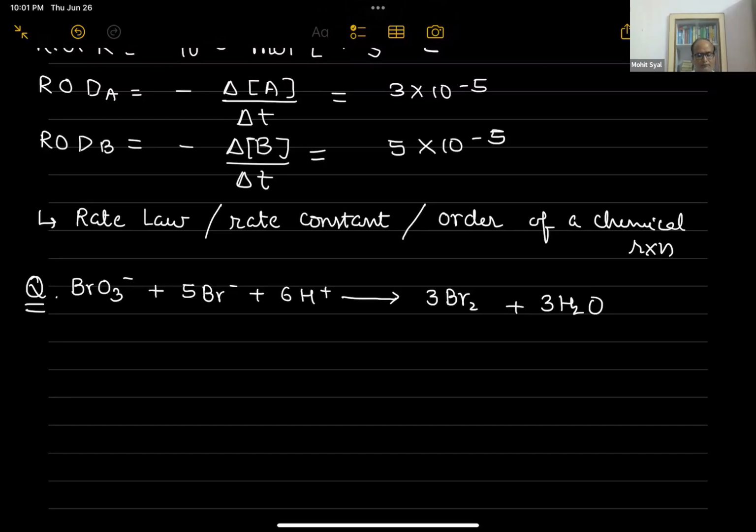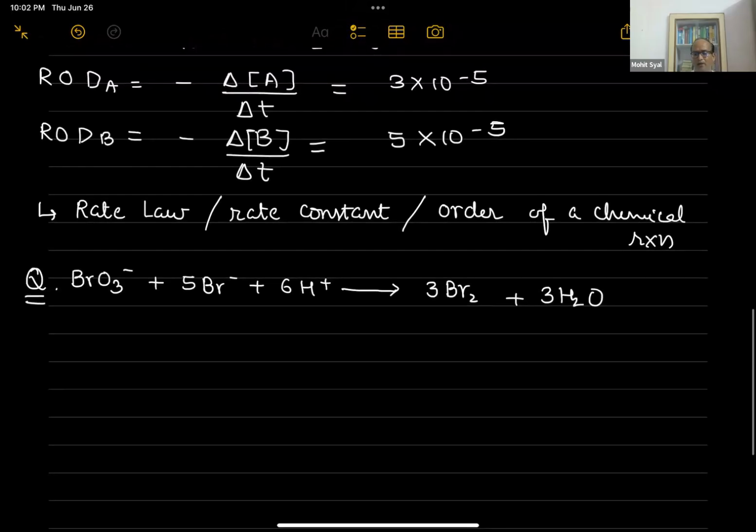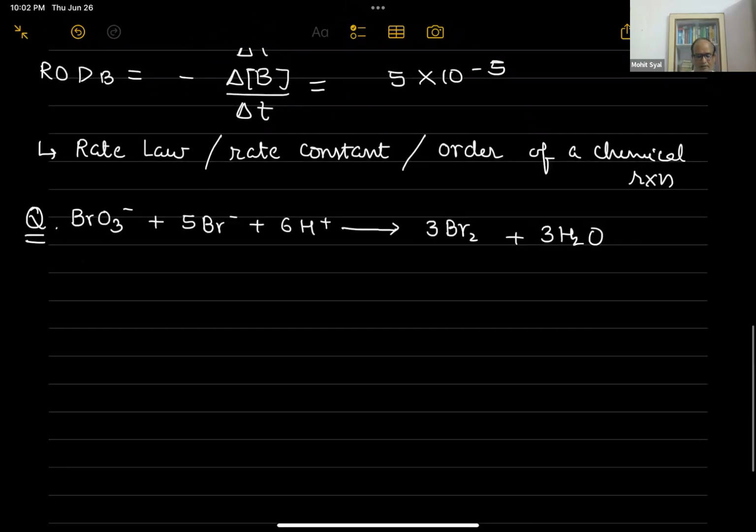And you are provided with the concentration of the reactants at different time intervals, and the initial rates. So experiment 1, 2, 3 and 4.